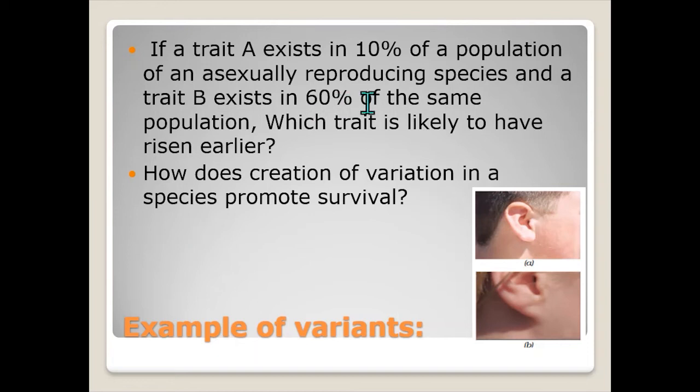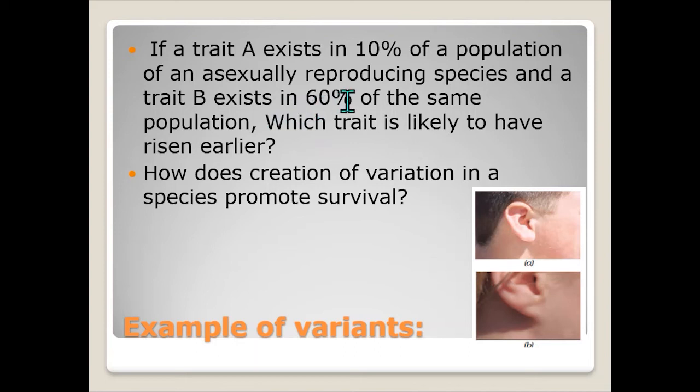Here they have given that trait A exists in only 10% of the population, whereas trait B exists in 60% of the population. So we can conclude that trait B is likely to have risen earlier because the number of individuals with trait B is more compared to trait A.